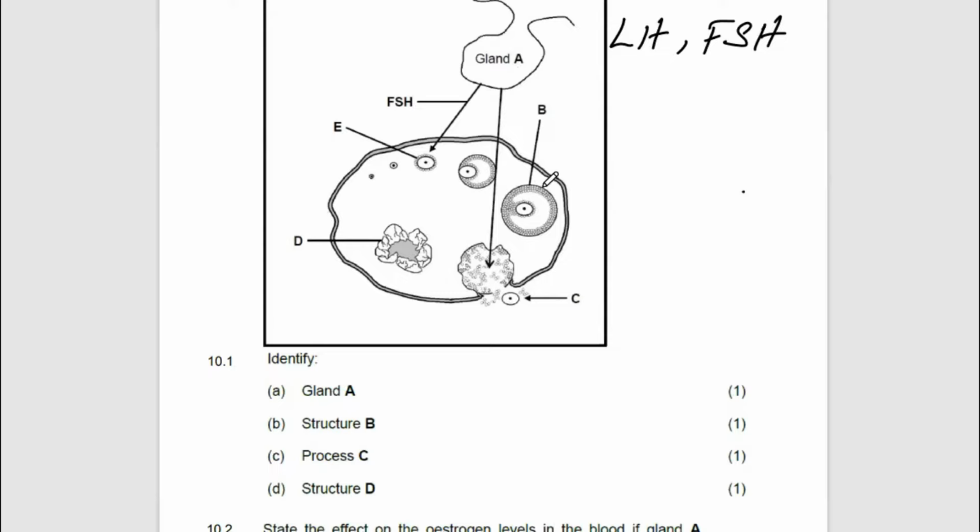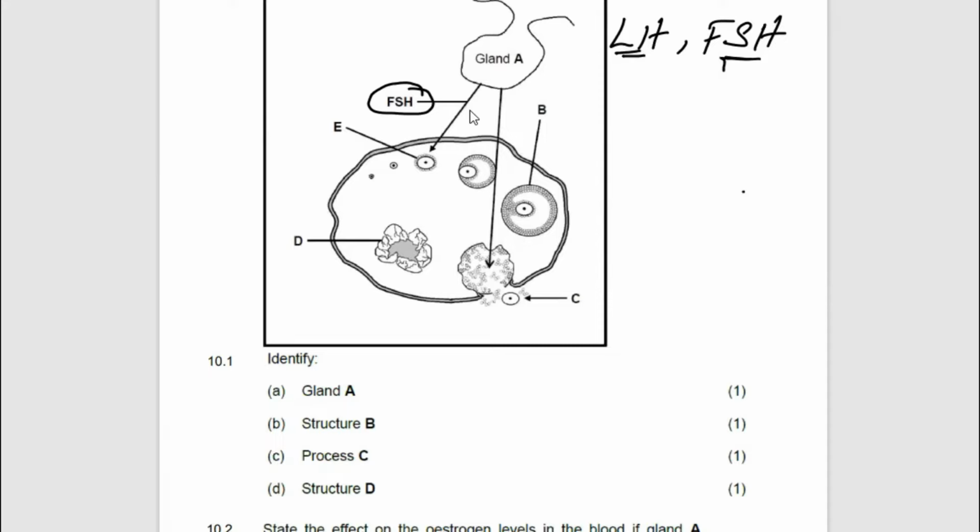So you're saying gland A, structure B, follicle stimulating hormone. Basically, now we see that this is follicle stimulating hormone. If this is follicle stimulating hormone, automatically this one is going to be luteinizing hormone, because we said you only have 2 hormones. So the next hormone must be luteinizing hormone. And then what is this?